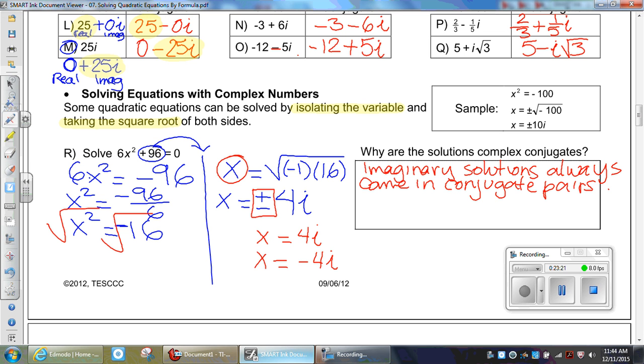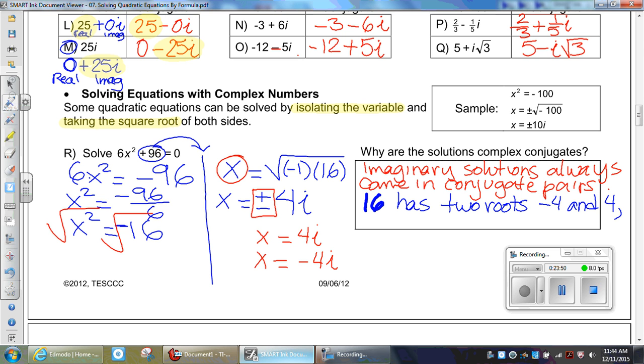Another reason is because, let's just talk about 16. 16 has two roots, -4 and +4.